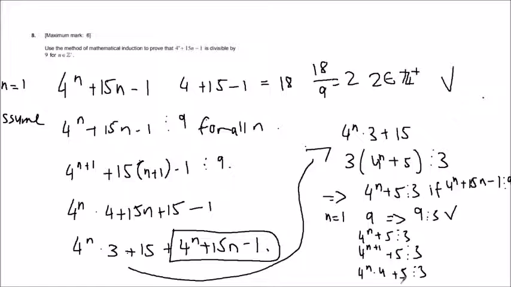Okay, so 4 to the n plus 5 is divisible by 3. 4 to the n plus 4 to the n times 4 plus 5. 4 to the n is hard.